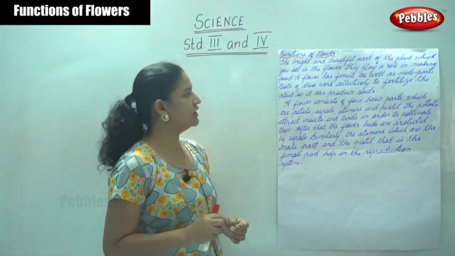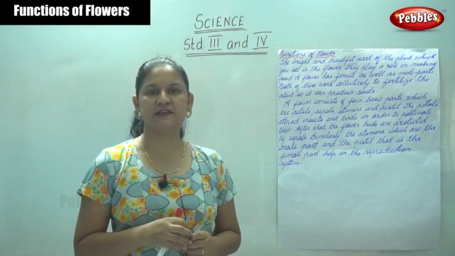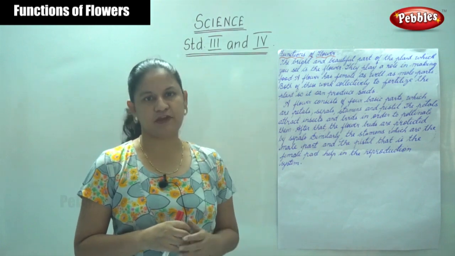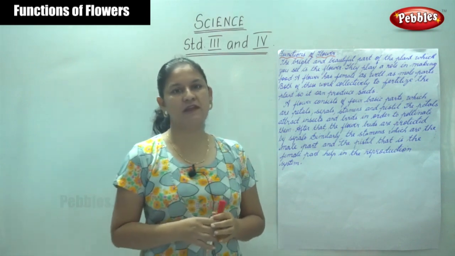They play a role in making food. Like the leaves, the flower also plays a minor role in preparing food. A flower has female as well as male parts.